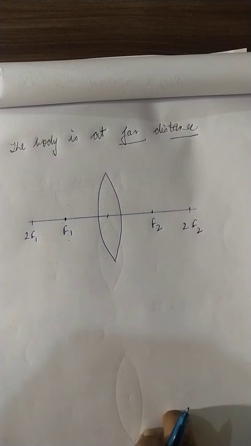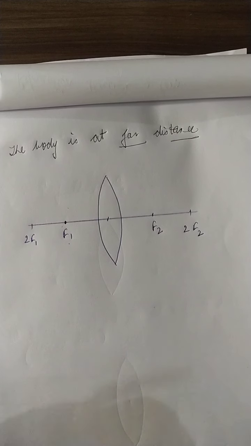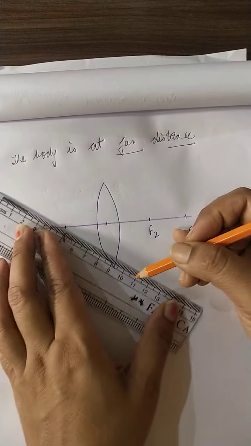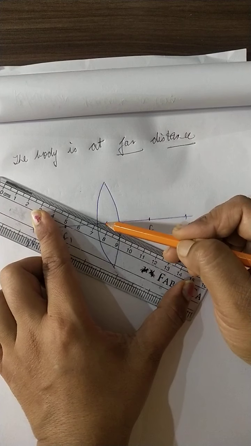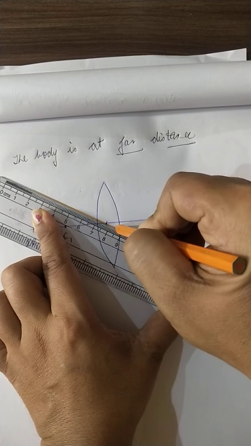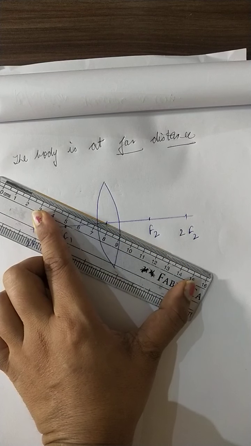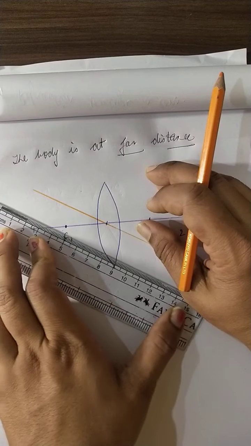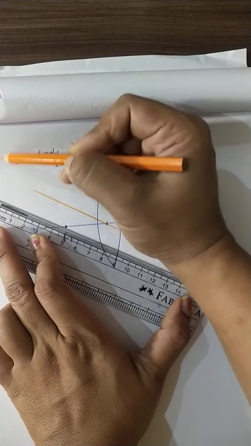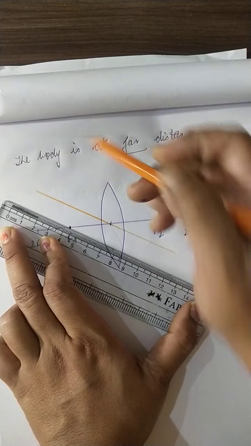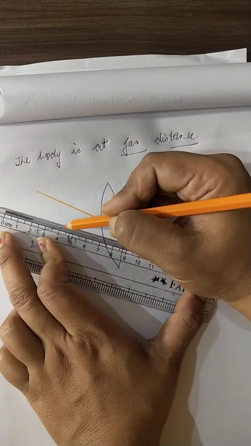Now the object is little far away from the lens. Again we'll show two rays, right? So one ray will pass through the optical center, right? And one ray, suppose the ray is coming from inverted object. The object is here, slanting position it is having, and the ray is passing through the point focal 1.